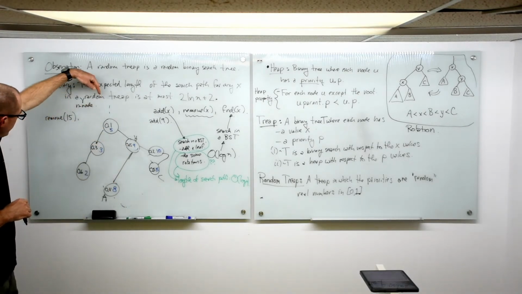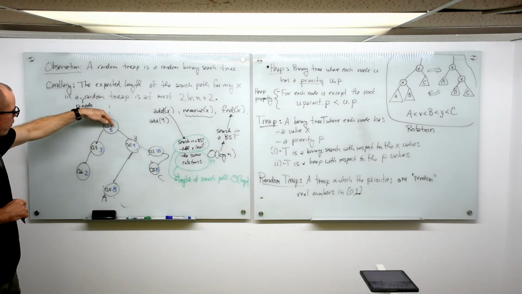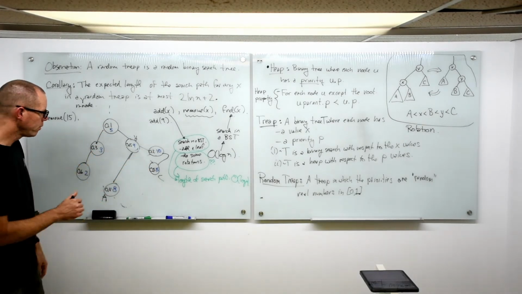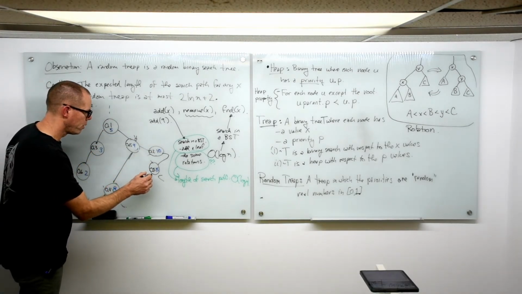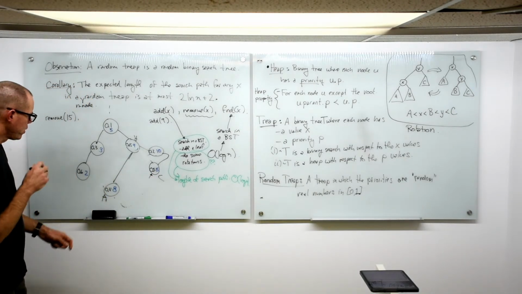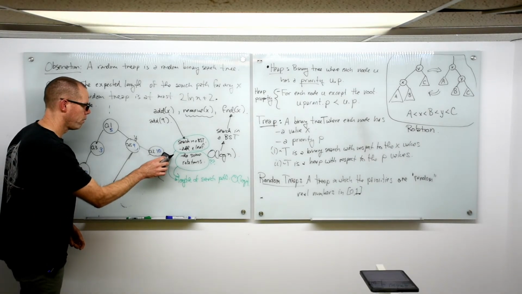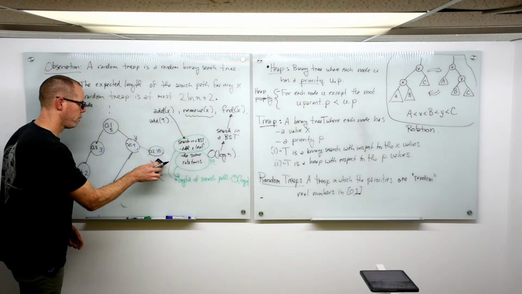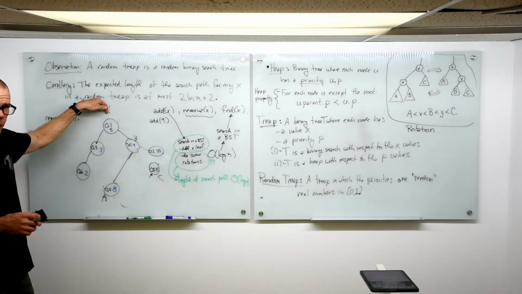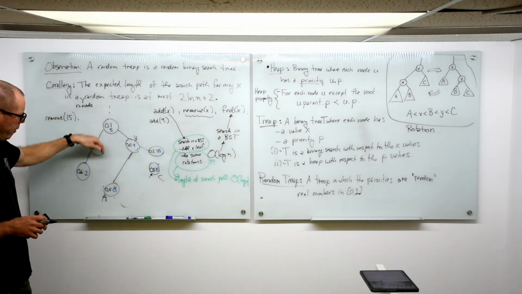Okay, so to remove it, I need to find it first. So I find it. Here it is. It's a leaf in the treap. Okay, so what if I just cut it out? Okay. So now it's not referenced, it's not part of the treap anymore, and it's gone.